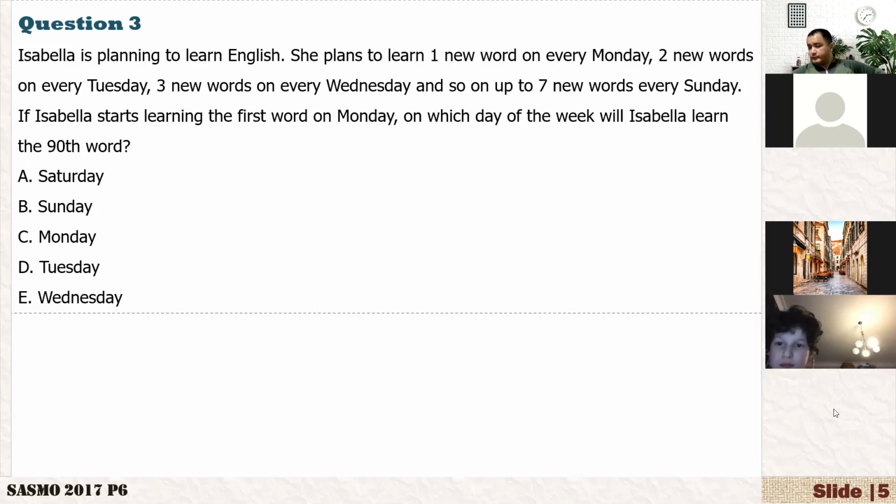I multiplied 28 because, if I'm not mistaken, from 1 to 7 the sum of the numbers is 28. No, it says that... So I multiplied it by 3, and then 9. We need 6 days, and that's it. So actually in 3 weeks, right?